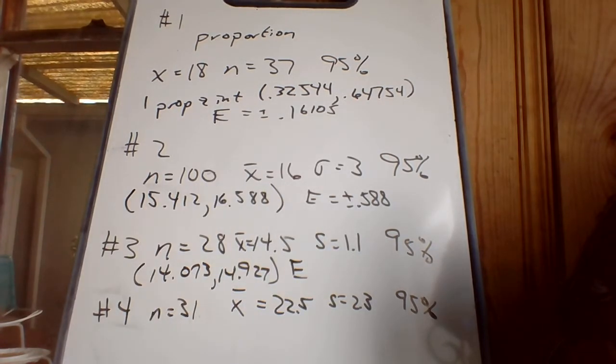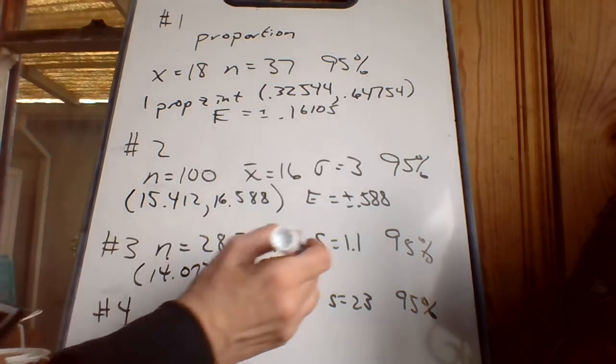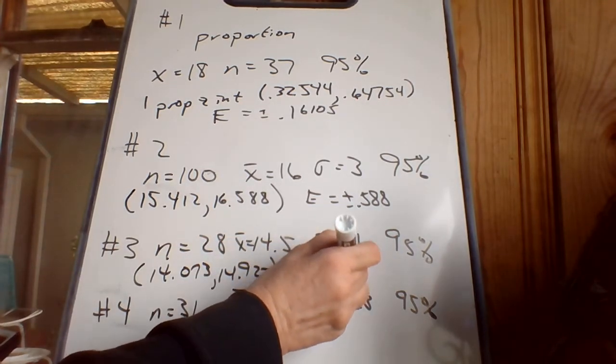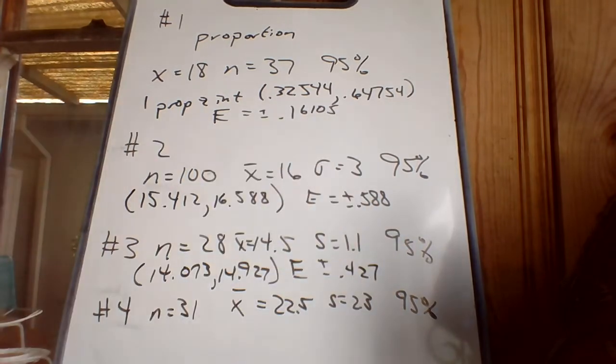All right, so 14.927 minus 14.073, divided by 2, is 0.427. Okay, that's going well.